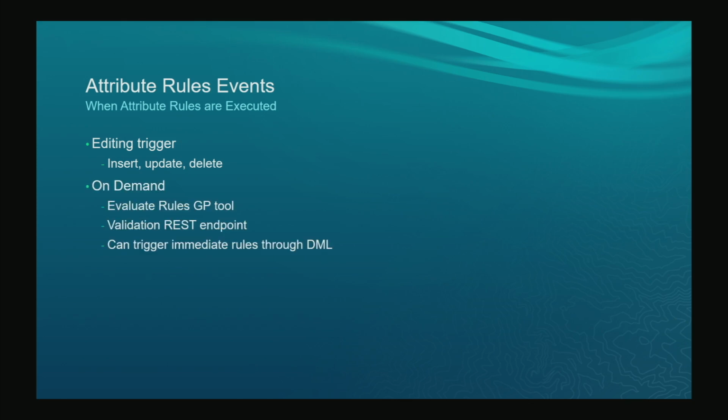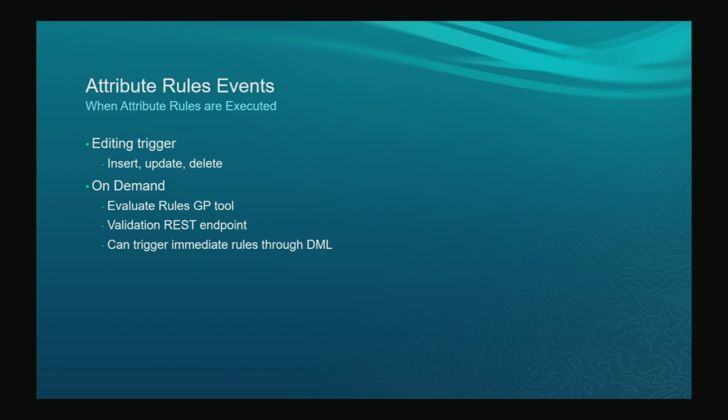The other type is on demand. It's like, I'm not really making an edit. I have data and I know there are things to be fixed in this existing data or errors. I know there's some bad data in this dataset, and I want to identify them. This is where batch calculation rules come in, on demand.